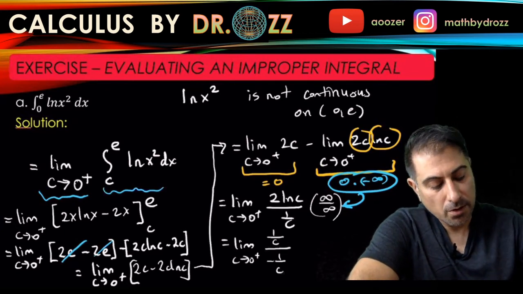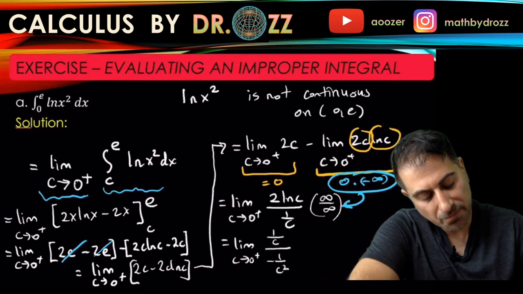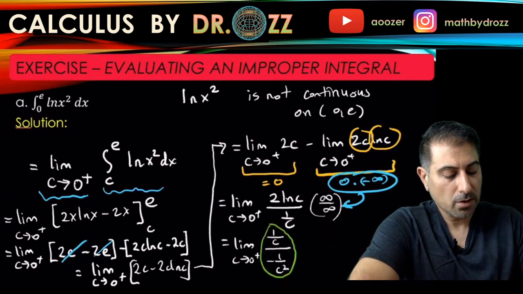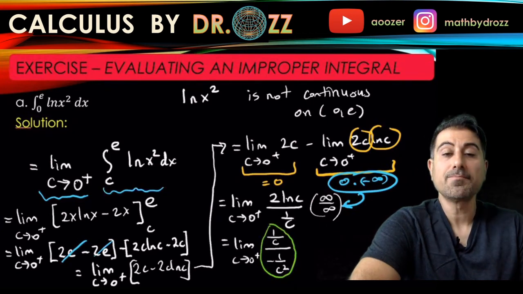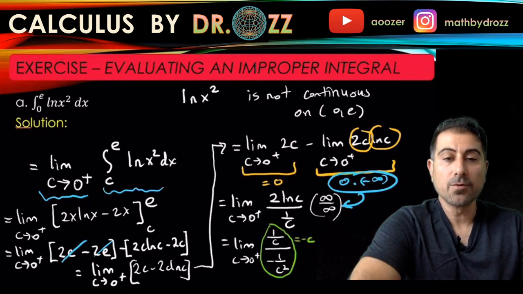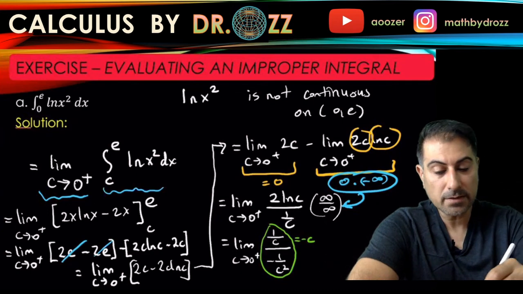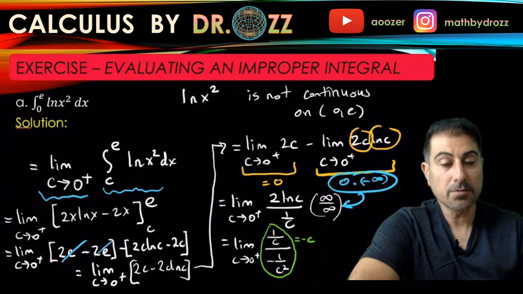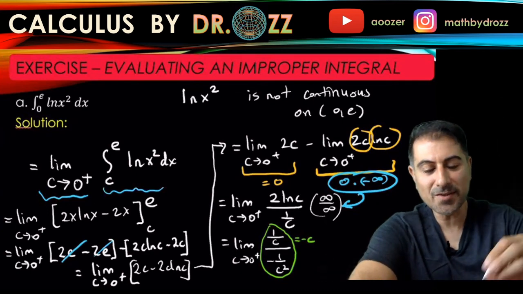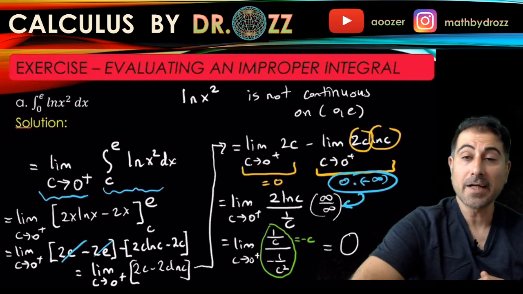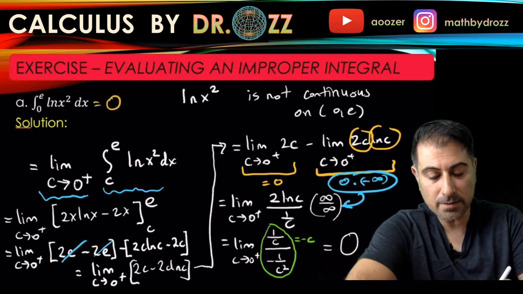So this whole ratio, after you simplify it by flipping the bottom over, is exactly equal to negative c. Therefore, as c approaches 0 from the right, negative c approaches 0, and this whole limit tends to 0. So that means this improper integral is convergent, and the value of this integral is equal to 0.